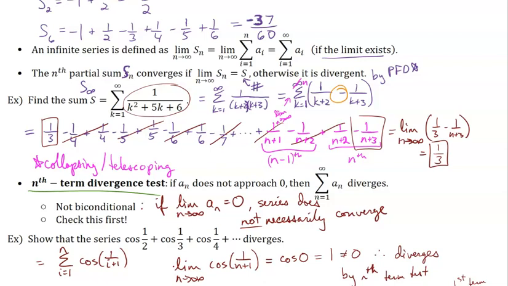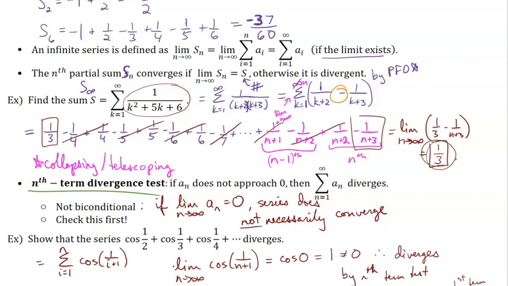In other words, what we're asking is if we add up all of the terms in the infinite sequence, so if we are able to add up an infinite number of terms and we get a finite number, like in this case, it was 1/3, for this particular series, then that series converges.